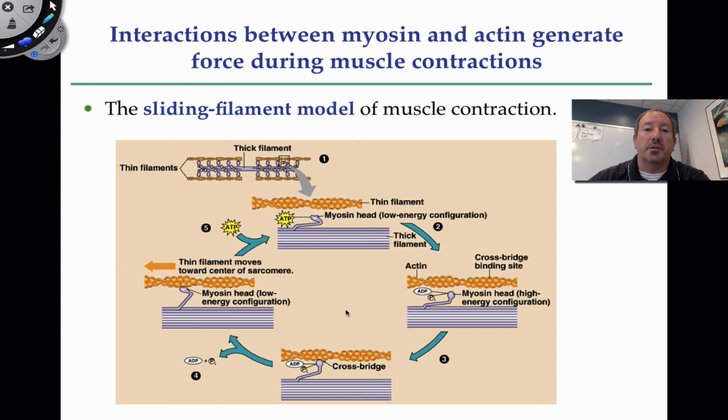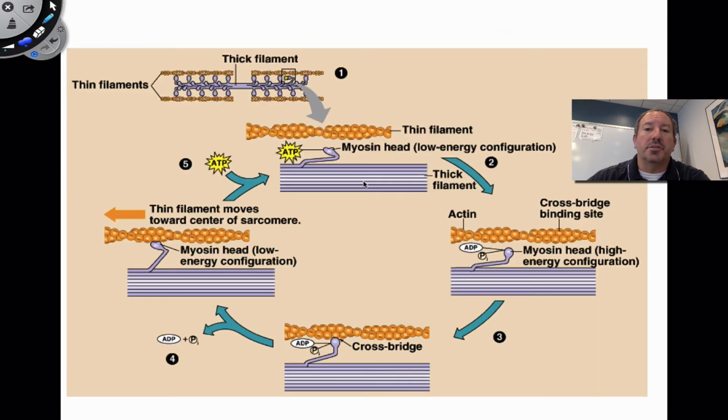Let me see if I can enlarge this so you can see it. So check this out. What we're going to have happen is the myosin head is going to be released from the actin, because ATP is going to give up one of its phosphates and it's going to stick to it, and that's going to cause the myosin head to let go of actin. And when it lets go of one of the active sites, it is then enabled to attach to a new active site and then pull it closer.